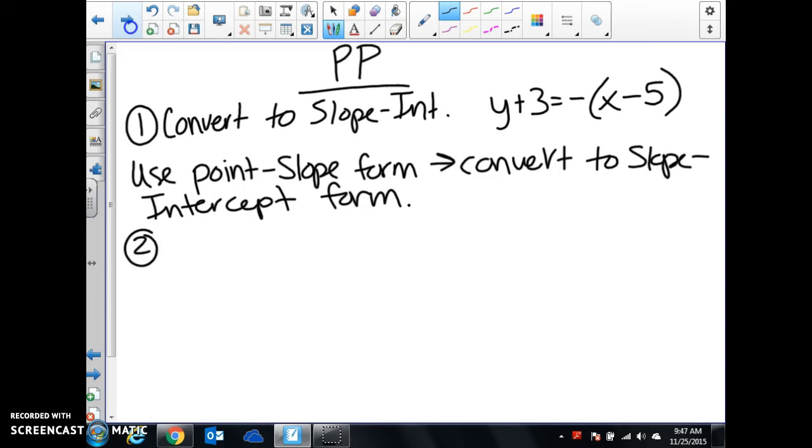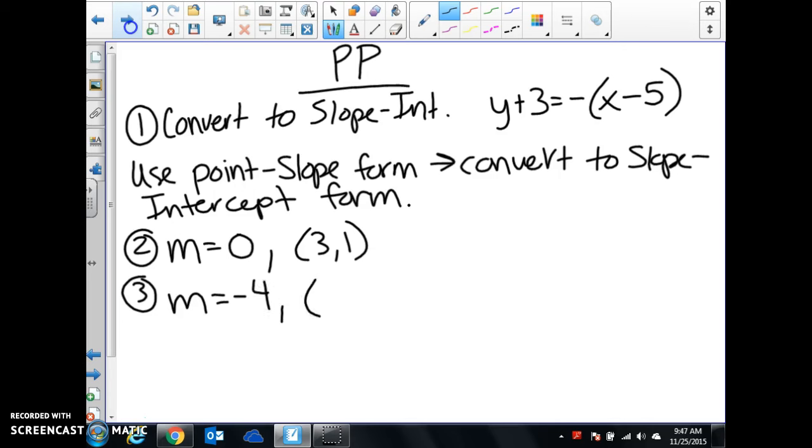All right. So if your m equals 0 and your point is 3, 1, your slope is negative 4 and your point is negative 3, 2.